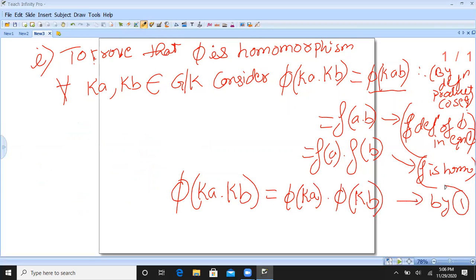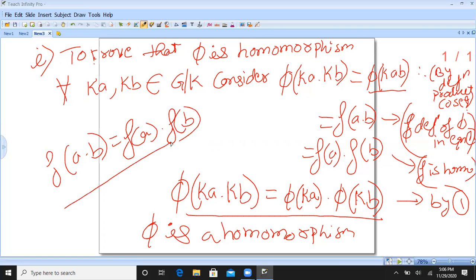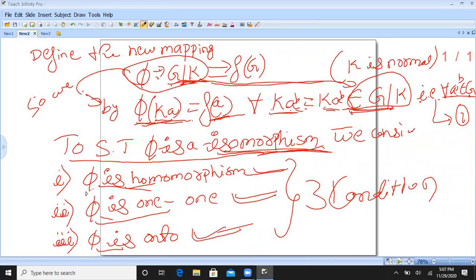So phi is a homomorphism is proved. A homomorphism equation has the form f of ab equal to f of a into f of b, and in such a form we say phi is a homomorphism. The first step is proved.